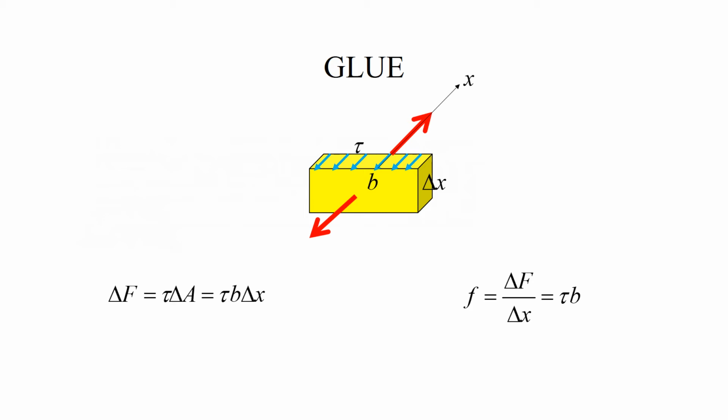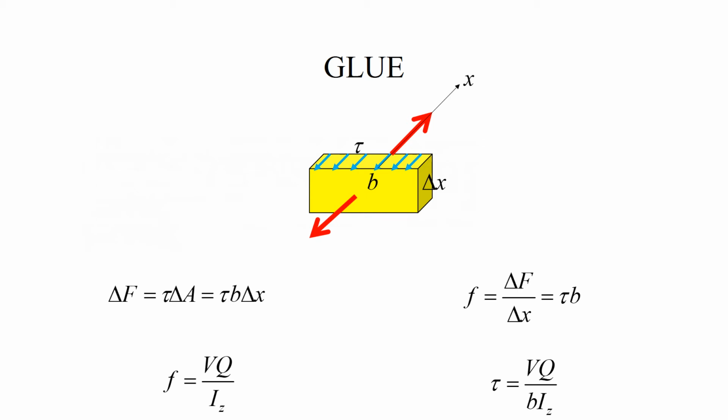Now I use the generic expression for the shear flow, which is given by this equation. And now I can combine these two equations to obtain tau as VQ over b Iz. Of course, we knew this result from the very beginning, but here I would like to get it using the shear flow.